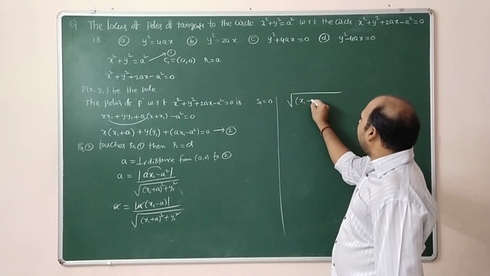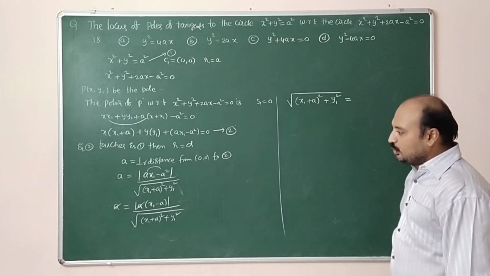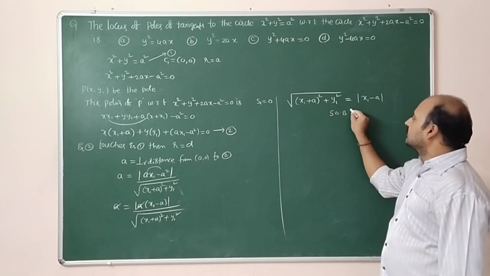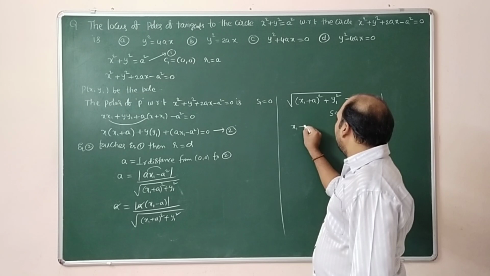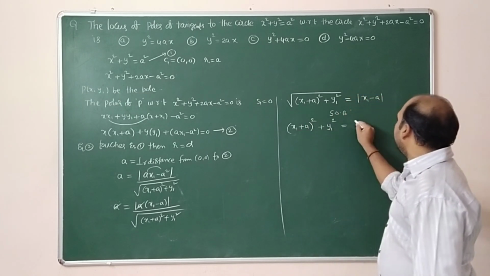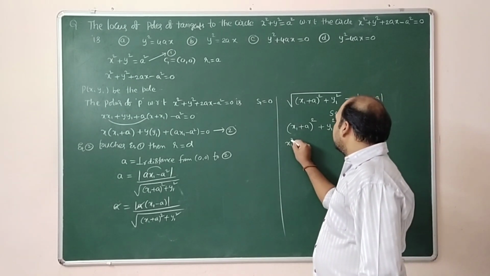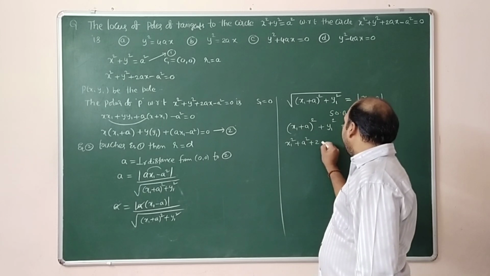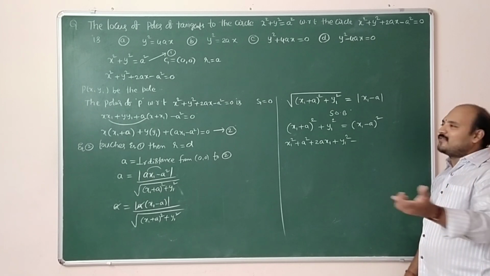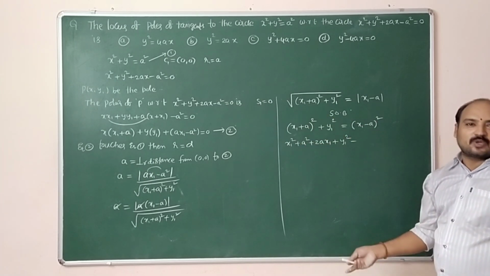The root of (x1 + a)² + y1² is equal to |x1 − a|. Squaring on both sides, (x1 + a)² + y1² = (x1 − a)². So x1² + a² + 2ax1 + y1². Otherwise we can apply algebra formulas also: (a + b)² − (a − b)² = 4ab.